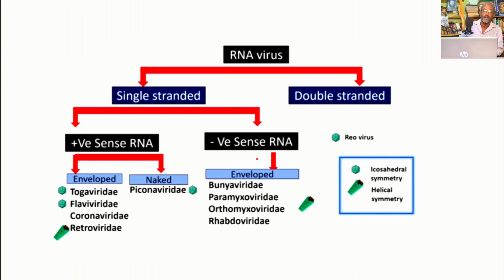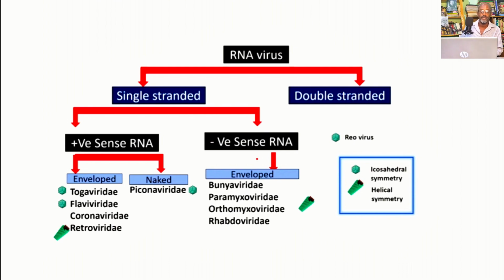Positive sense means directly used as messenger RNA. Negative sense RNA can't be read by ribosomes for protein synthesis. It must make its complementary positive sense RNA in order to be translated and produce the proteins of the virus.